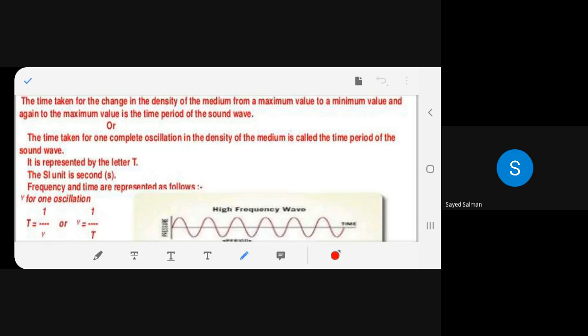If this is the particle, how much time does it take to come here and then come back here? That is one oscillation. So the time taken for oscillating is called the time period.